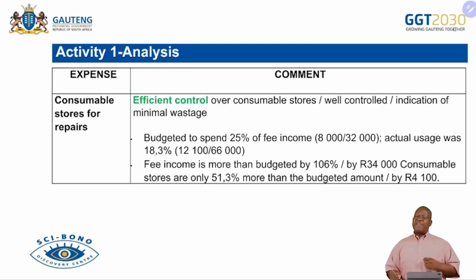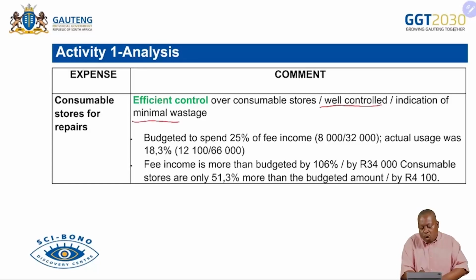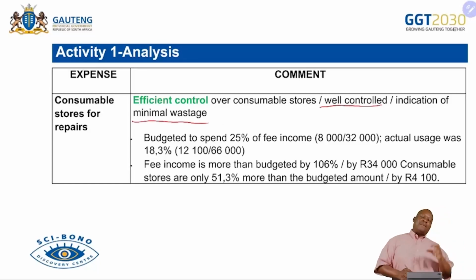So we can safely say there is efficient control over consumable stores. We can say they are being well controlled, or we can say there is no wastage, or there is minimal wastage of our consumable stores. Why are we saying that? We had budgeted to spend 25% of fee income.